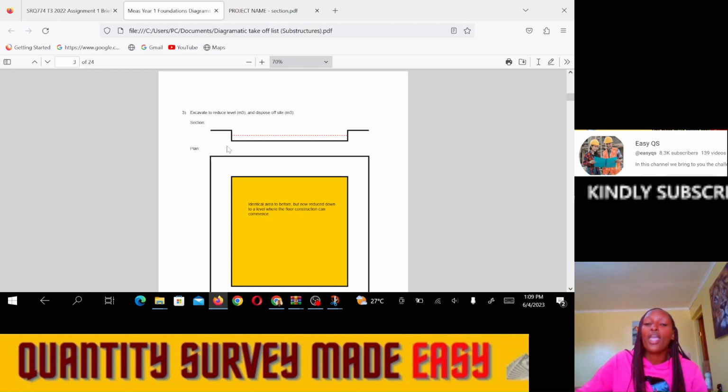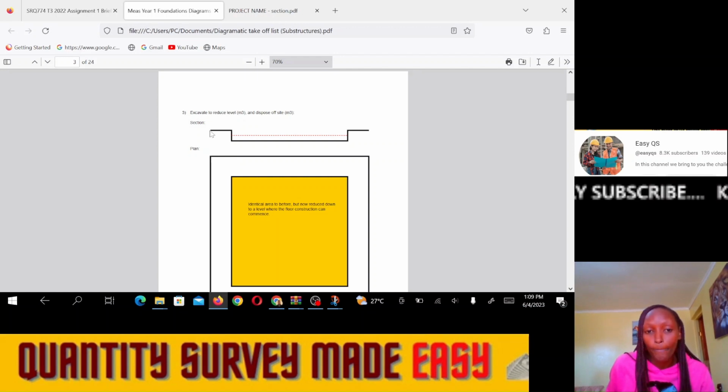That digging deeper will take us to the reduced level. So whenever we have removed the topsoil and the soil is not stable enough, we need to dig deeper, and that digging deeper is called reducing the level. If you can see in our diagram here, the site was on this level when we were getting to site. We removed the topsoil, so it was at this red broken line level, that is the strip level.